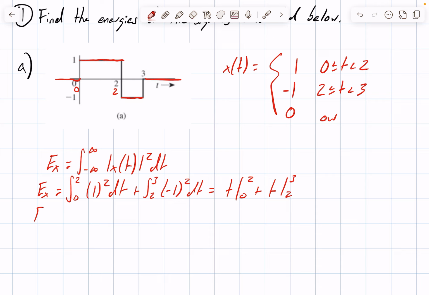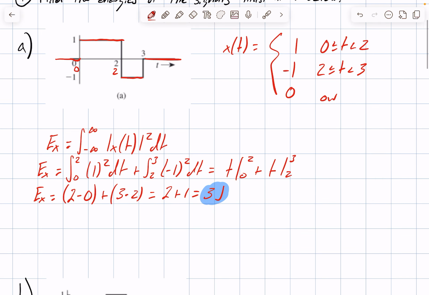And now we need to say 2 minus 0 plus 3 minus 2, which leaves us with 2 plus 1, which is equal to 3 joules.